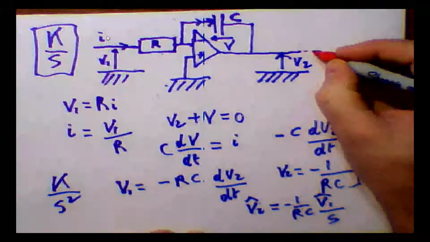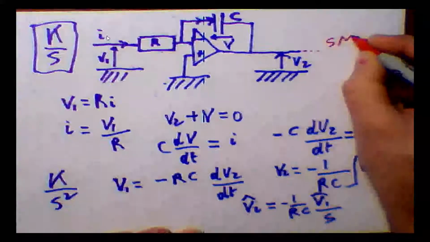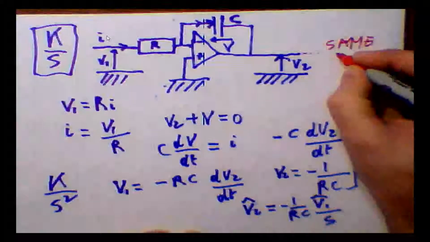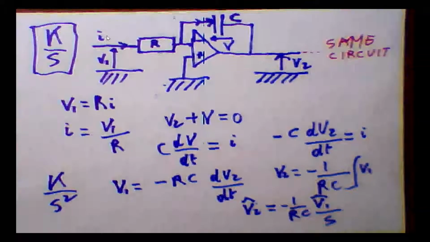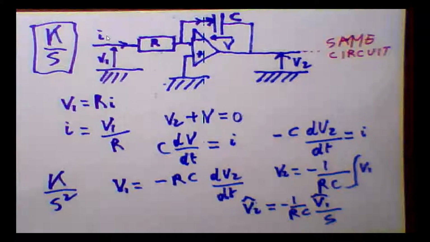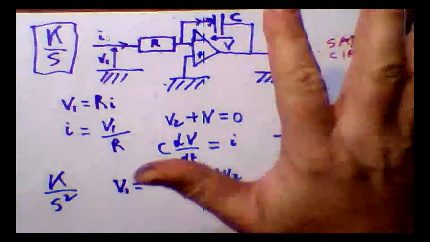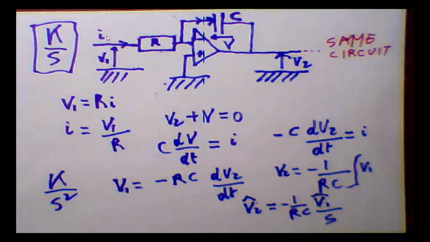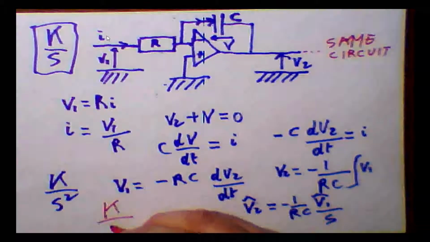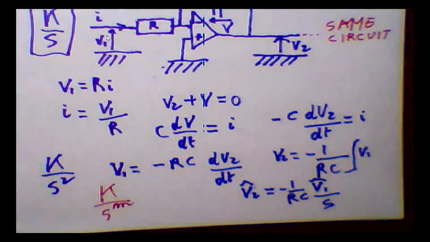You can just hook up the same circuit and generate, by putting this circuit and a copy of it, with possibly a different C and possibly a different R, in series, K over S squared, and by way of extension, K over S to the power N. Arbitrary integrators.